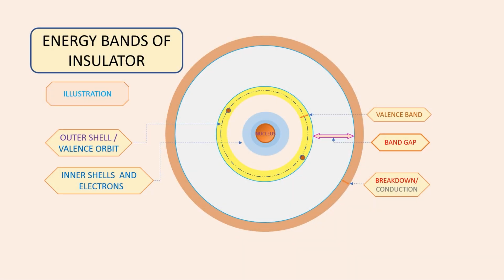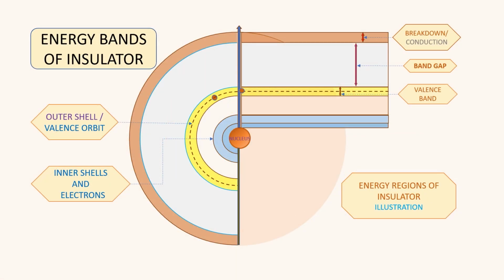In the case of insulators, a very large energy gap or band gap exists between the valence band and the conduction band. Because of this large gap, a very high amount of electrical energy is required to excite an electron from the valence band to the conduction band.